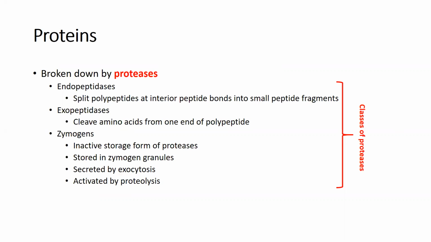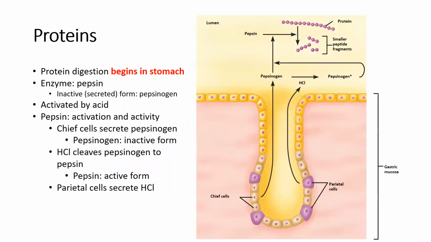They can be released by exocytosis, right? We talked about that process where these enzymes are packaged into a vesicle and then released on the surface of the cell. This is activated by proteolysis, which is the breakdown of that protein.